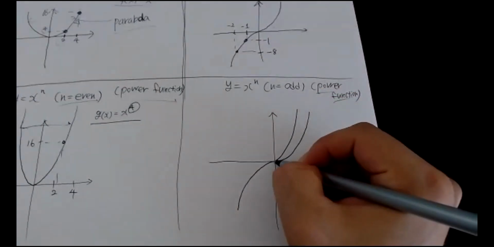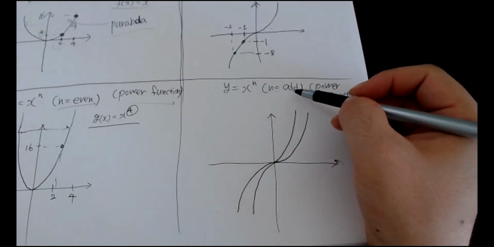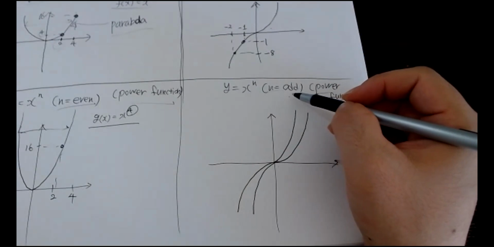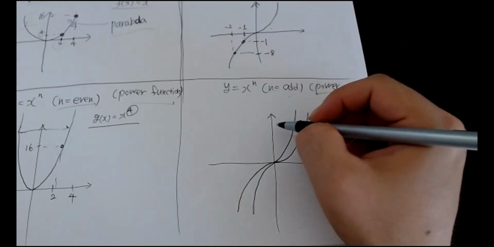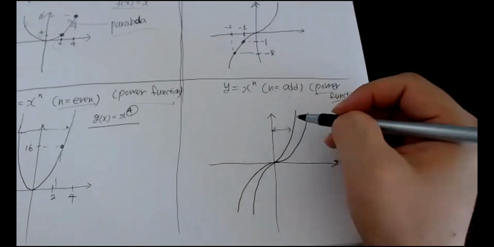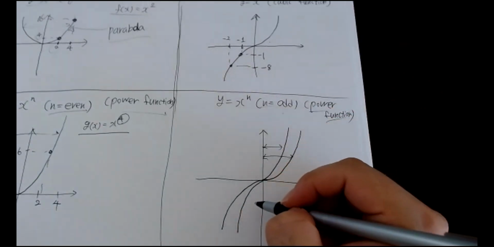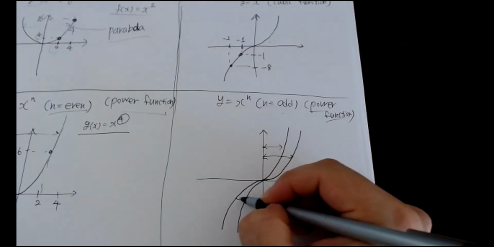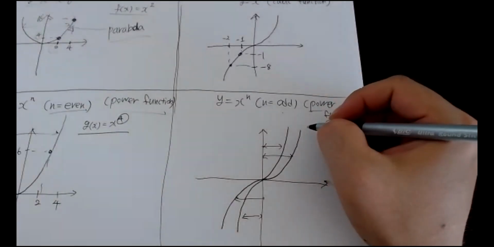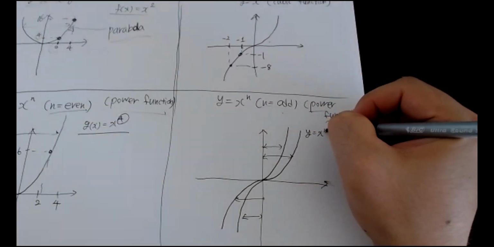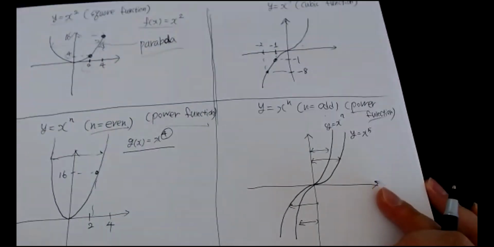But as n is increased with odd numbers, 5, 7, 9, the width is going to be narrower. So maybe let's say this is y equals x to the fifth power, and this is y equals x to the seventh power, something like this.